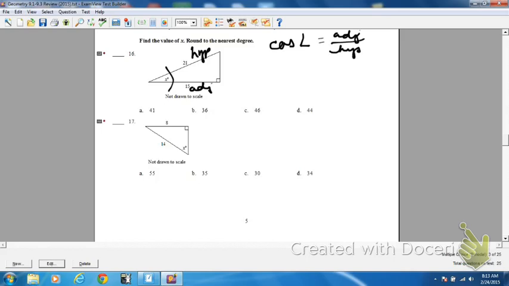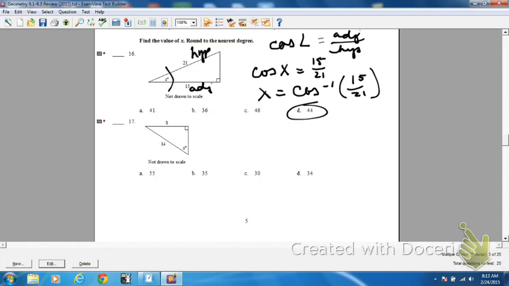And when we fill it in, we're going to get cosine of x equals 15 over 21. Since we want to find x, we're going to do the inverse. So x is the inverse cosine of 15 over 21. And number 16 is D, 44.